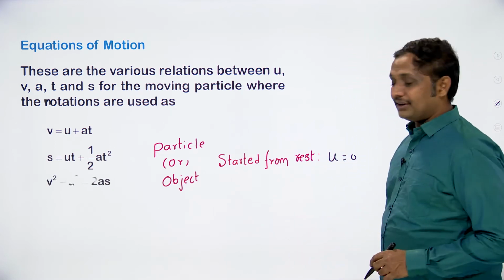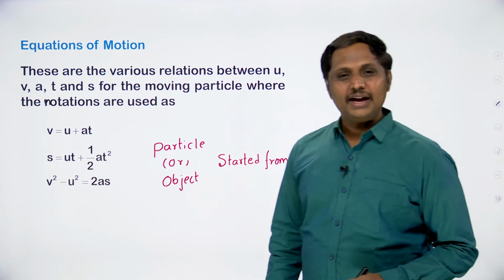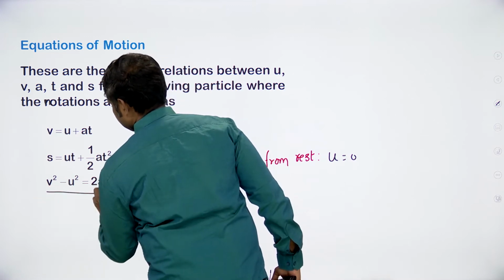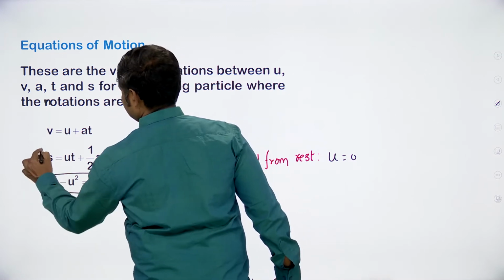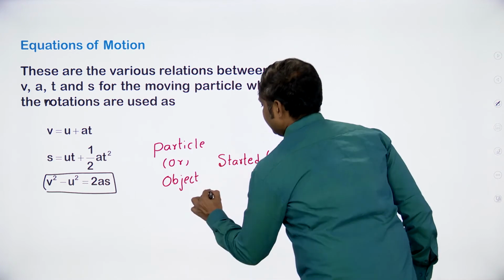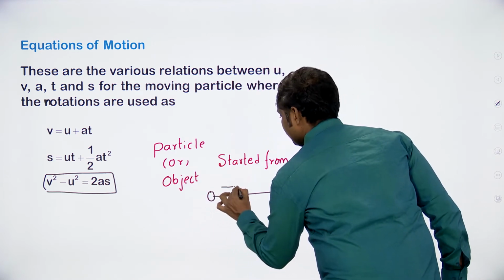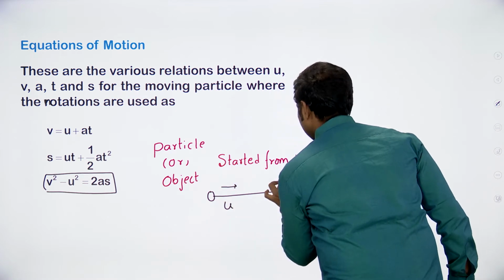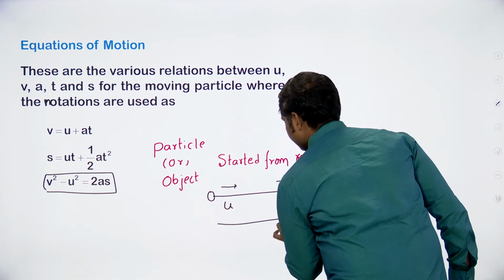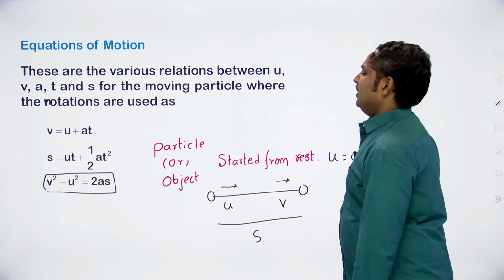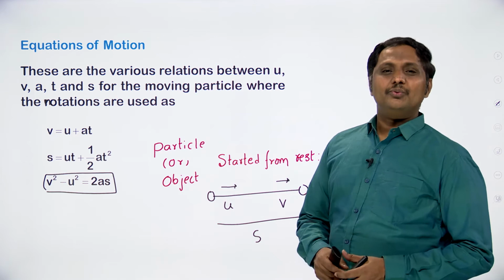Let us have another one, an accelerated body which is going to be identified. It has been moving with an initial velocity, and it is going to have a final velocity. So, it is very easy to solve this problem.